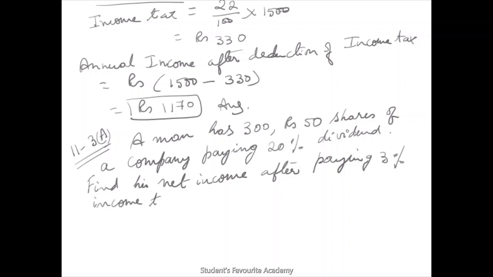Similar sum, only the numbers are changed. Please do it. The answer that you are supposed to get is rupees 2910. Okay, then let me proceed to the next question.